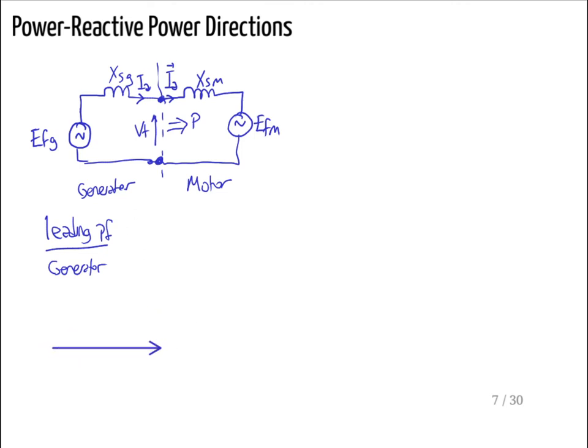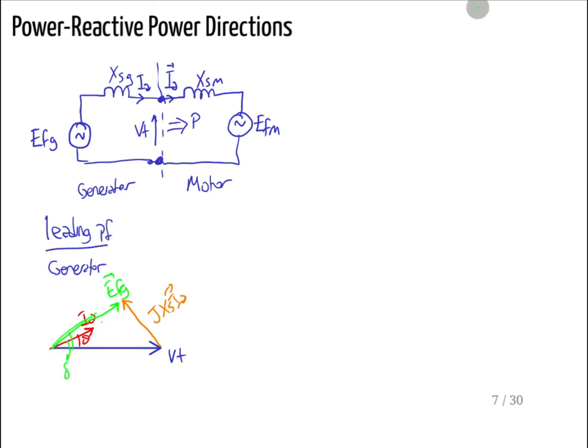That is my VT, and that is my IA, it is my theta, and you have XS IA, and you will find the EFG vector here. That is your load angle, right?